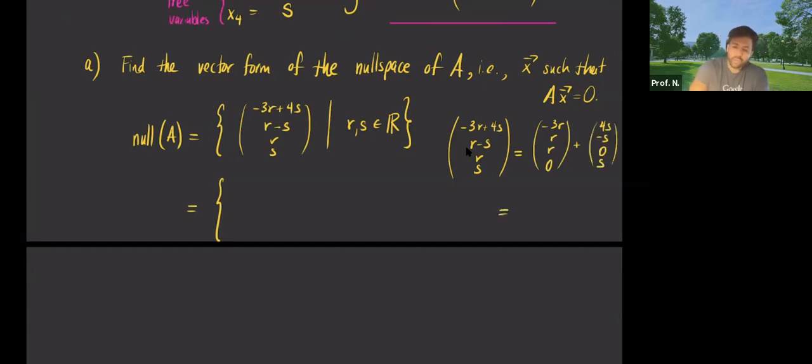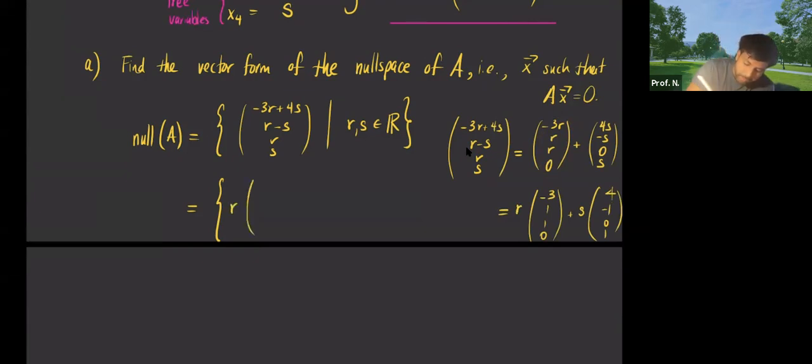But in the first column vector, we have a whole bunch of R's that can be factored out, and I'm left with negative 3, 1, 1, 0. Factor out all the S's, and I get negative 4, negative 1, 0, 1. Sorry, not negative 4, positive 4. So now I can write this as the following.